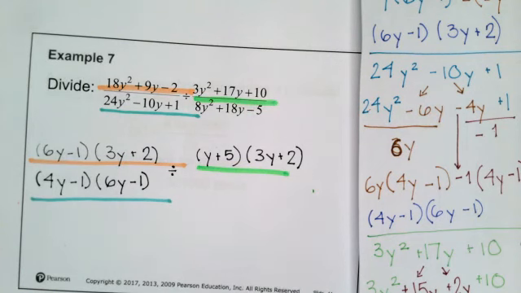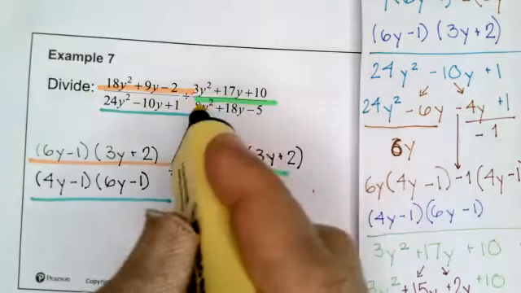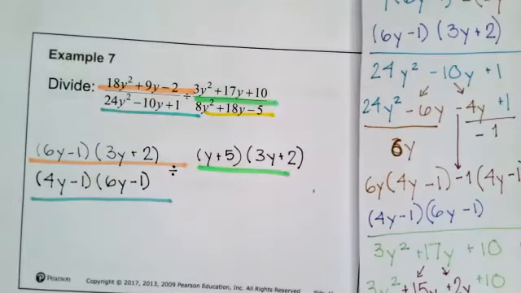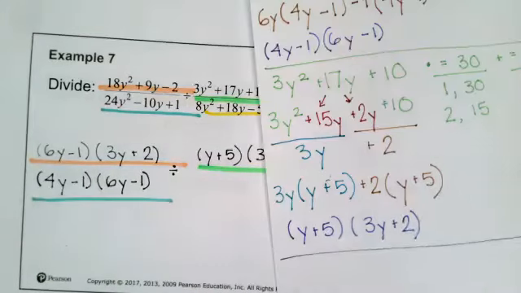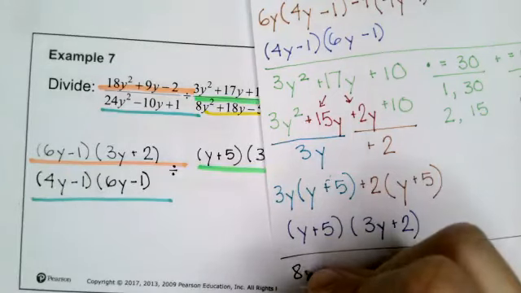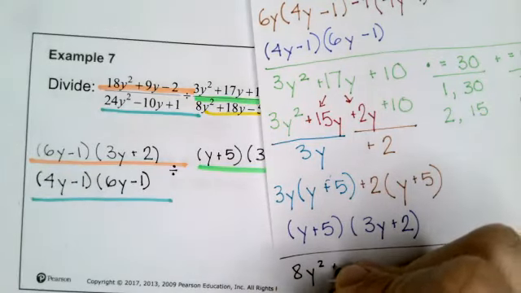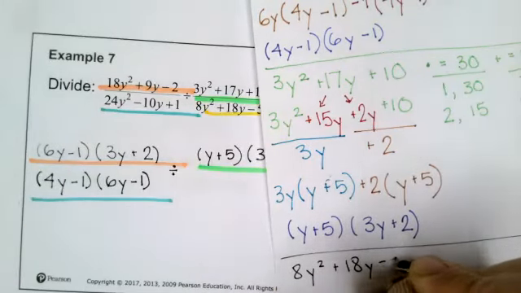And finally, we have a pink, a blue. Oh, we can do yellow. 8y squared plus 18y minus 5.